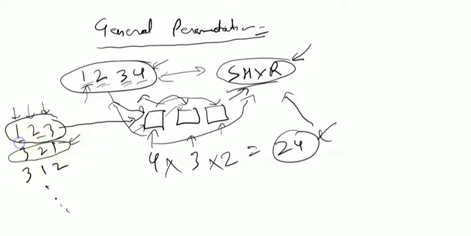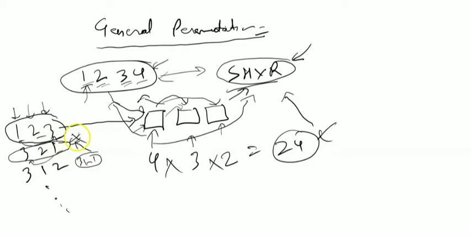So 1 has been transferred to the third slot and the 3 is transferred to the first slot, and that would give me 321. So these are the sort of things that are allowed in general cases of permutation. But this is actually not allowed in combination, which we'll talk about later.